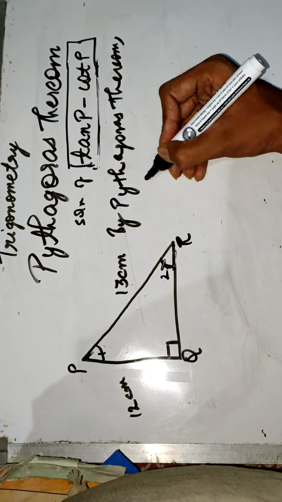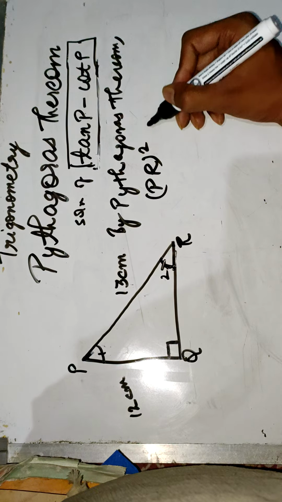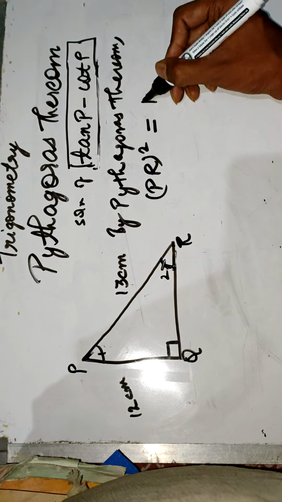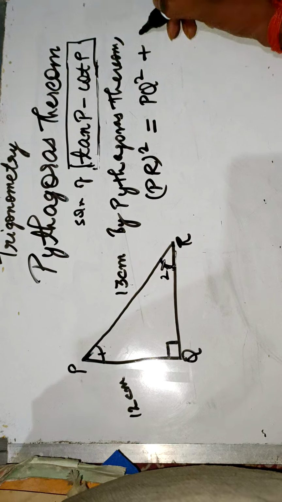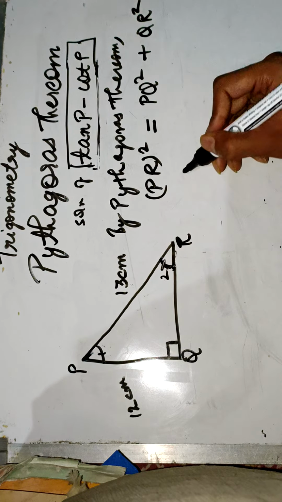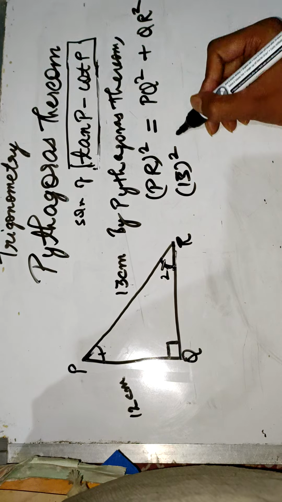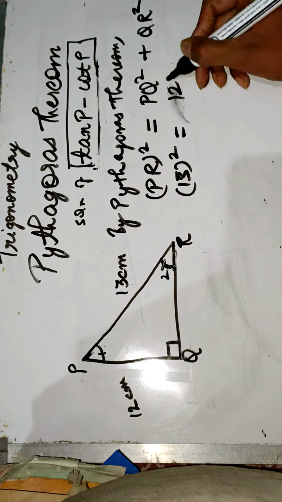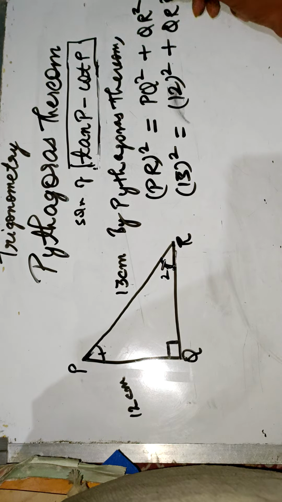So by Pythagoras theorem, we suggest that PR whole square, the hypotenuse whole square, is equal to the sum of the squares of the sides, that is PQ square plus QR square. So PR square is given as 13 square, that is equal to PQ square, that is 12 square, plus QR square.